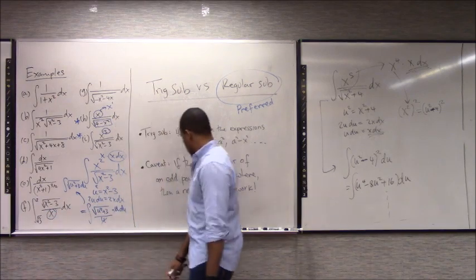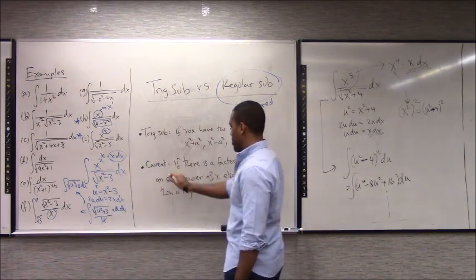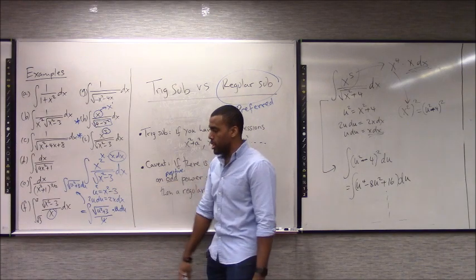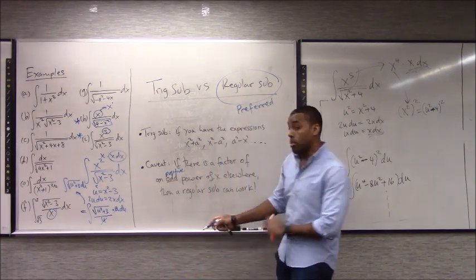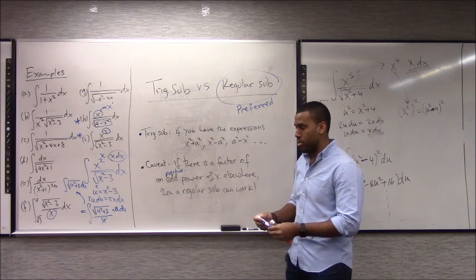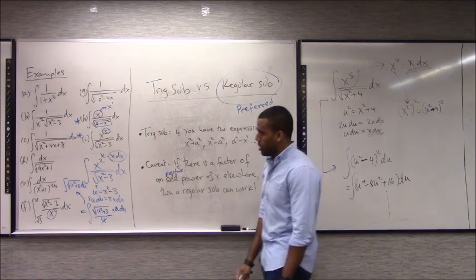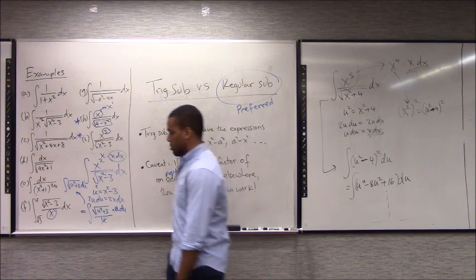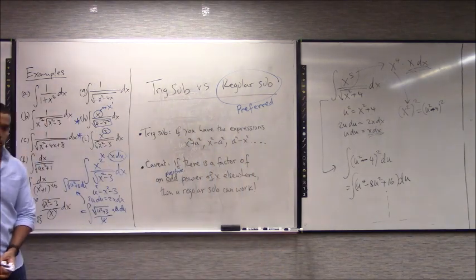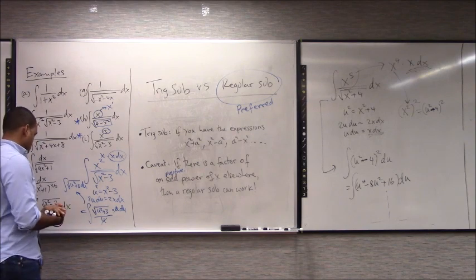You want it to be a positive odd power. If your odd power is in the denominator, sometimes it can work, but you might also need an additional method on top of the u substitution. But if there's an odd power in the numerator, then you can definitely get away with a u substitution. So I probably wouldn't waste my time with a trig substitution.